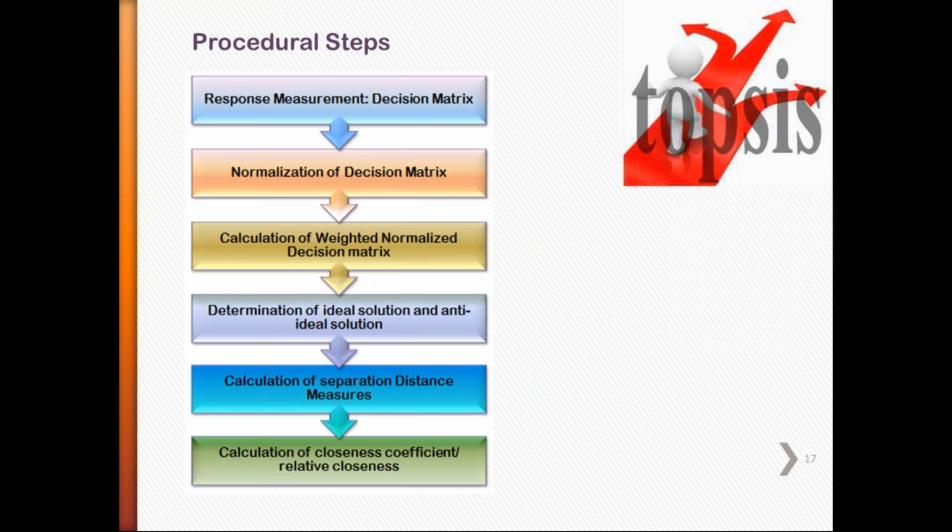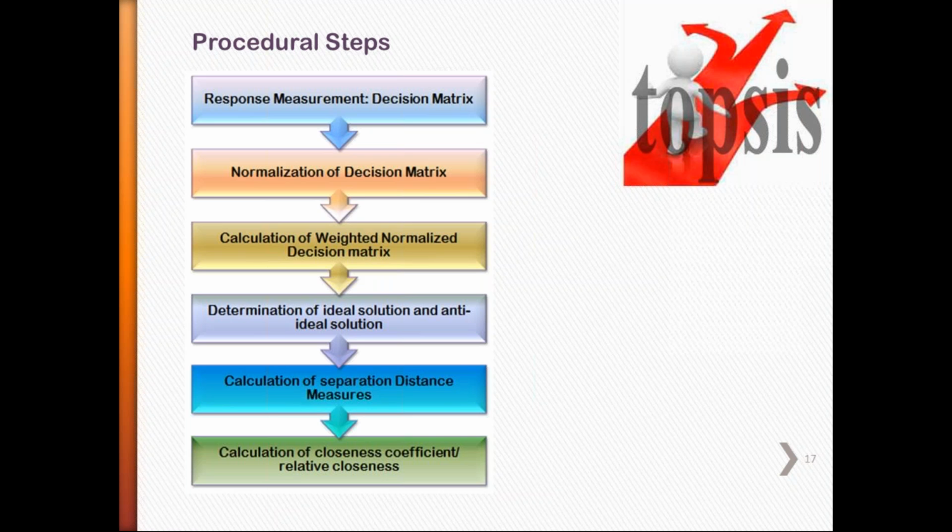And third, the range of data for one criterion differs from another criterion. In order to overcome these challenges, the following steps are to be followed. One is normalization of the decision making matrix. Decision making data needs to be normalized.